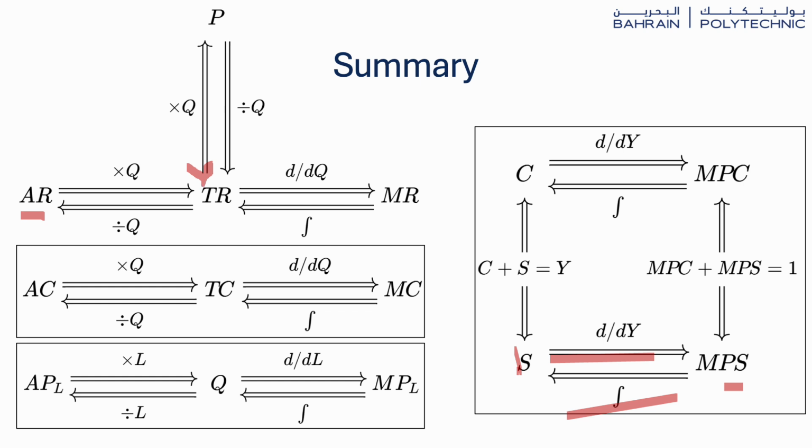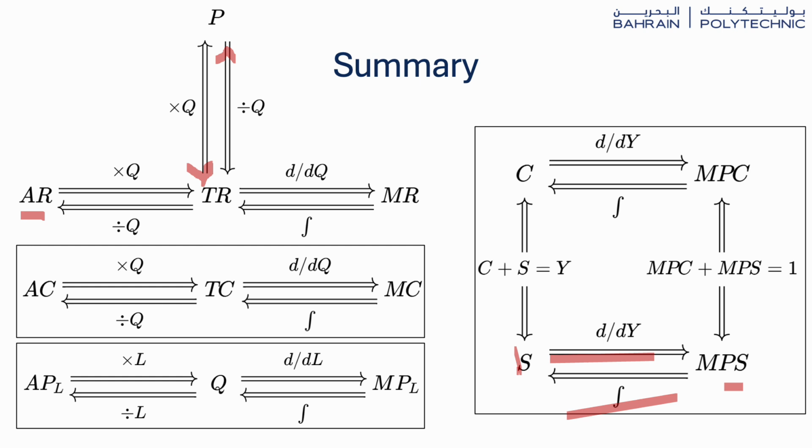Price times Q gives us the total revenue, and if we divide the total revenue by Q, we get back the demand. The arrow here is opposite, if you can realize.